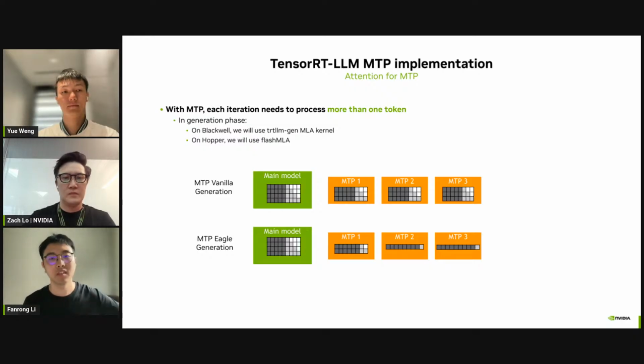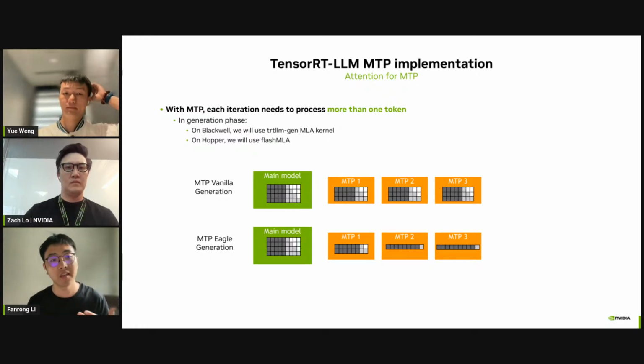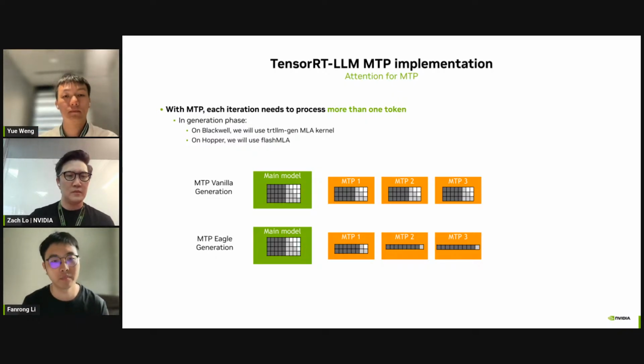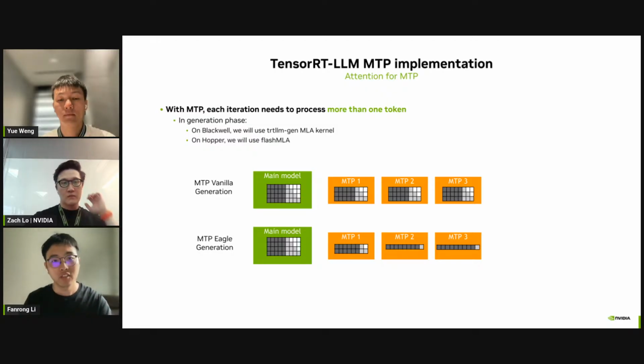The main change is using a different attention mask. Here is the generation attention kernel mask, and MTP Vanilla and MTP Eagle are a little different. This is what we need to change in the attention part. Okay, that's about the MTP implementation in TensorRT-LLM.